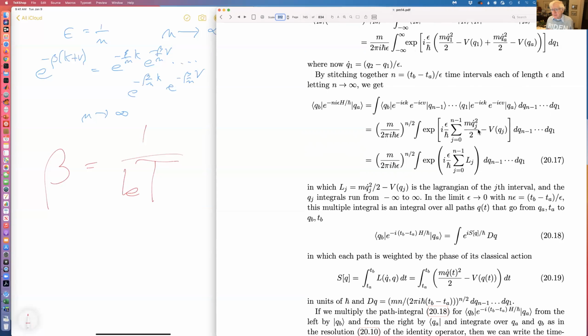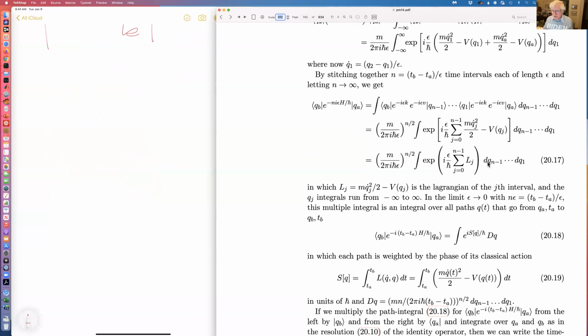And so you get a sum of these kinetic energy terms times i epsilon over h bar, and then minus a sum of the potential energy terms, and you integrate over all the coordinates, q1 through qn minus 1, and these are all the coordinates.